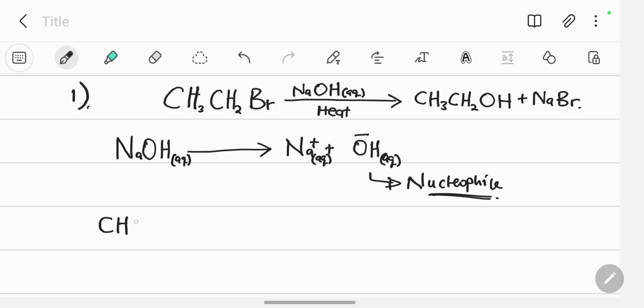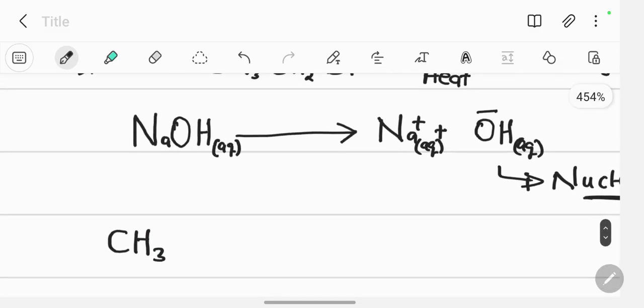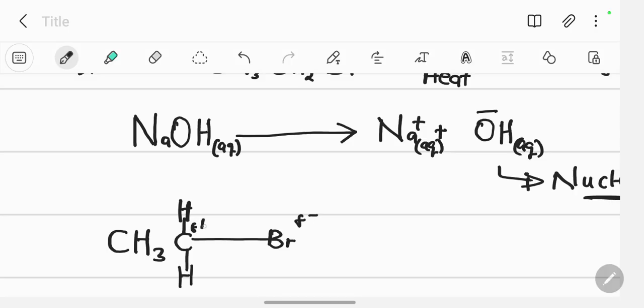So you find out that this CH3, CH2, or I should spread these hydrogens to give space. So I'm having bromine there. Remember that our bromine is highly electronegative. So it's going to have a partial negative charge, leaving carbon with a partial positive charge.